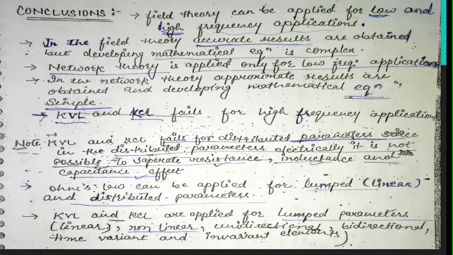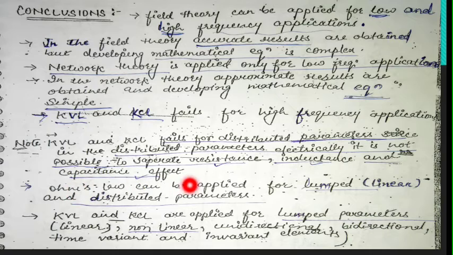So resistance, inductance, capacitance are distributed in nature. In this network theory, we only consider small networks, that's why they are not distributed, they are in lumped manner. That's why we implement KCL and KVL in our network theory, but it is not implemented in your power system analysis.